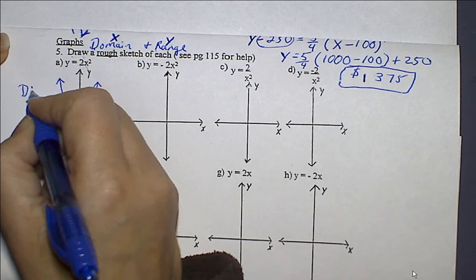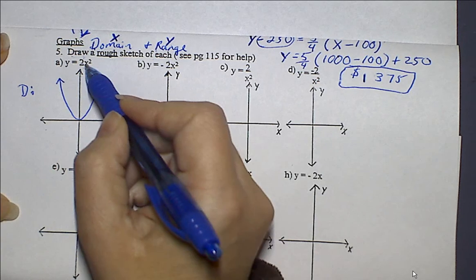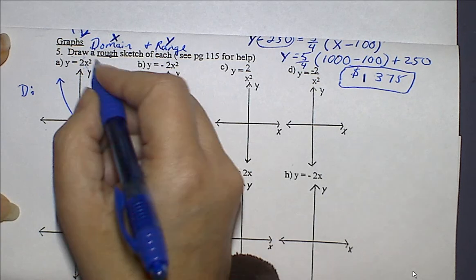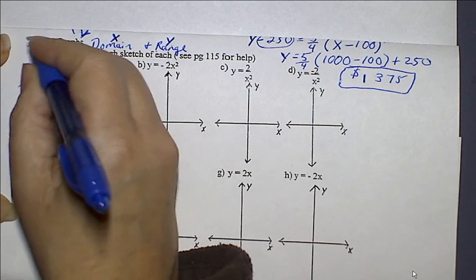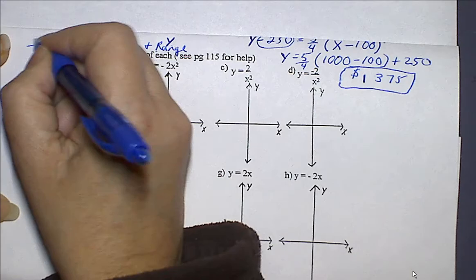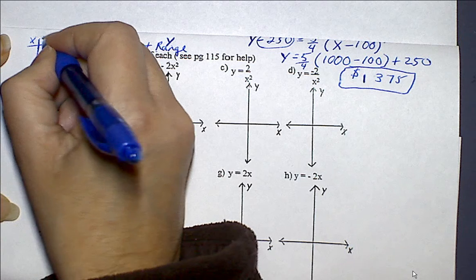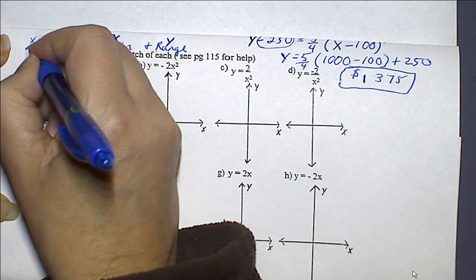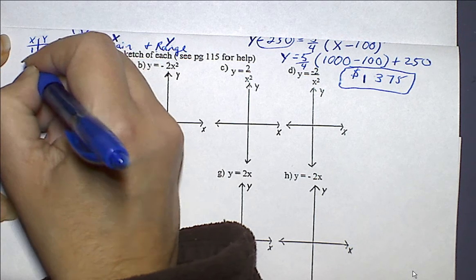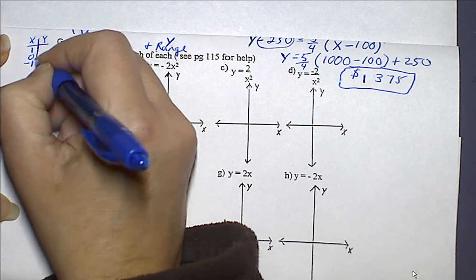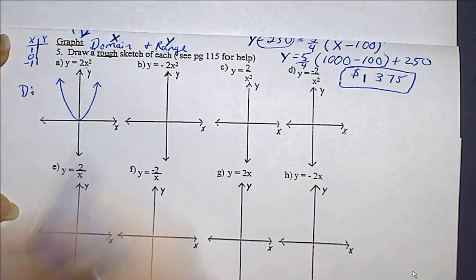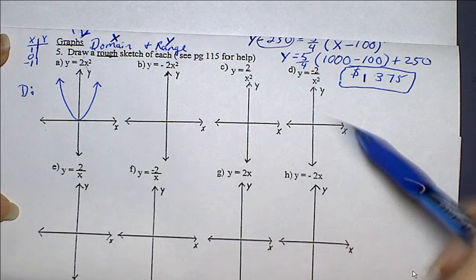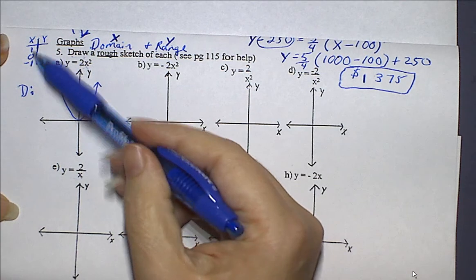If I wanted to plug in and make a t-chart, remember you can always make a t-chart to see what they are, but make sure you do +1, 0, and -1, so that you can see where it's going. You might have to do more points depending upon which kind of graph you're doing, but that will help you out too.